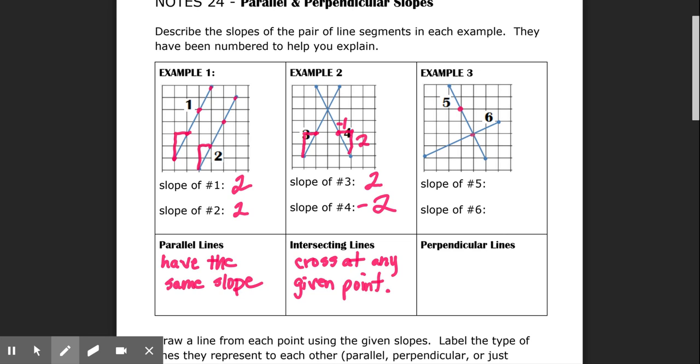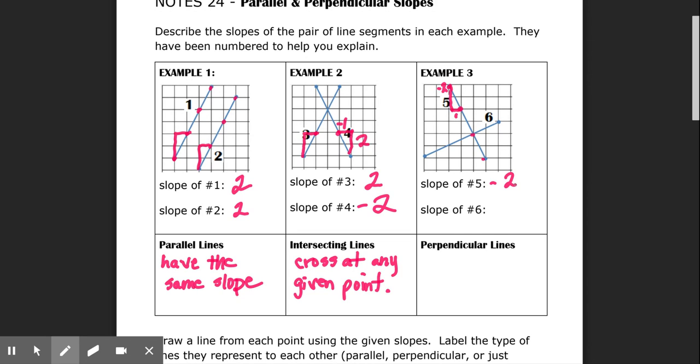And again, you can keep going, but I'm just going to go from this point to that point. So I'm going to go down 2, right 1. Well, when I go down 2, it's a negative 2. And right 1 is a positive 1. So negative 2 divided by 1 is negative 2.